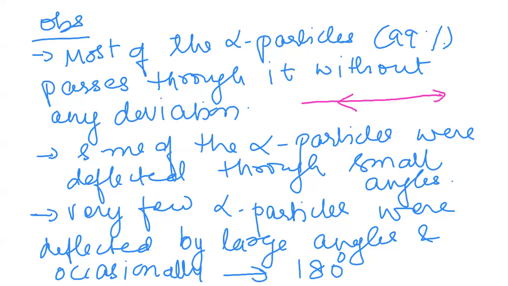Can you tell me why this is so? Teacher, because it hit the right angle, it passed by the gold foil and it deflected off the phosphorescent screen. Right. But what was the reason? Why was the deflection taking place?